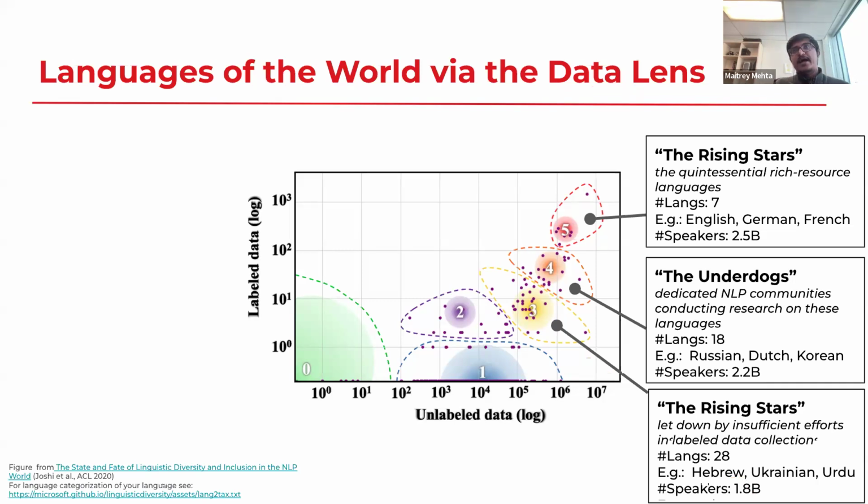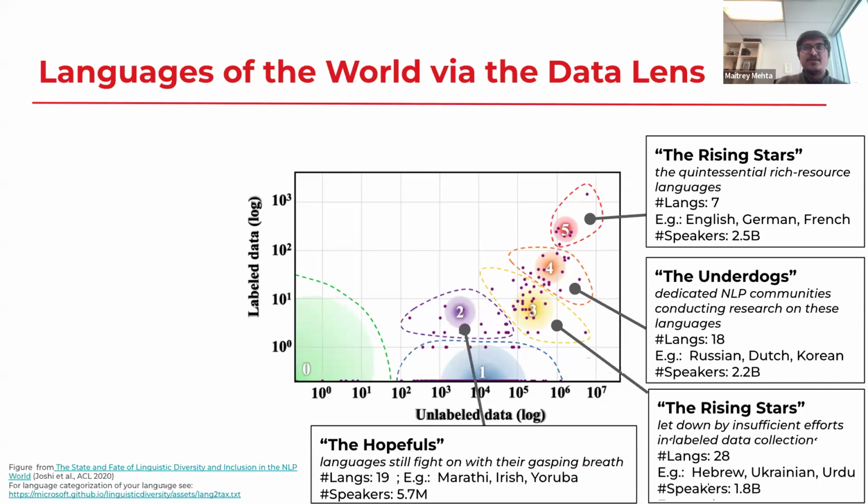And then you come under the low resource domain, where you have this category 2 language where there isn't a lot of effort going on. They don't have a lot of data, but they still have enough amount of unlabeled data. And languages like Irish, Marathi, Yoruba fall under this category.